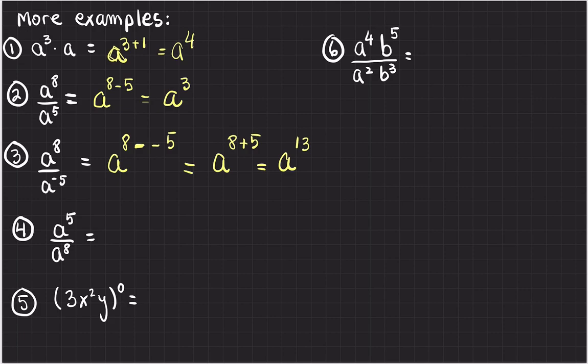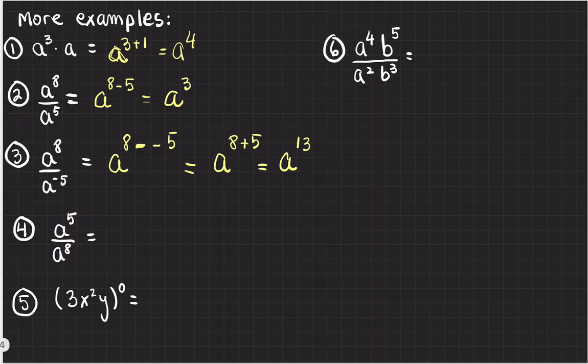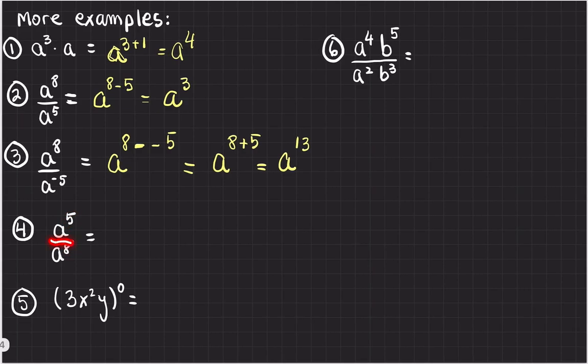The next one, it's kind of the same problem, but now I have 5 on top and 8 in the denominator. Let's see what happens here. This is division and same base. So you're going to keep the base, and as the property says, you're going to subtract the exponent. So I'm going to subtract 8, the exponent in the denominator.